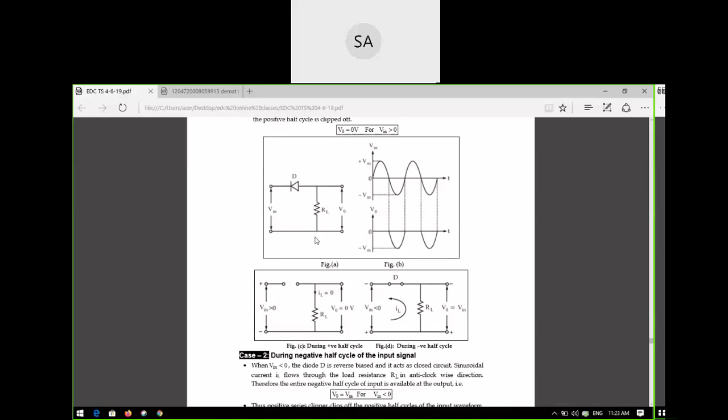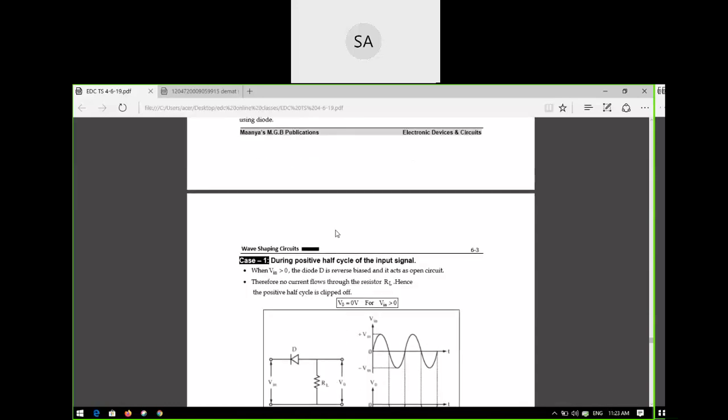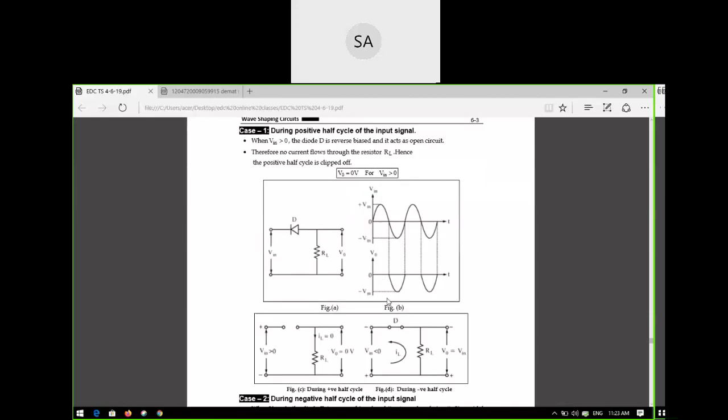I will explain different cases, case 1, case 2, case 3. Each and every case you have to remember and draw the corresponding circuit also. This is very important, because if you understand the operation of this first case, you can easily understand each and every case.